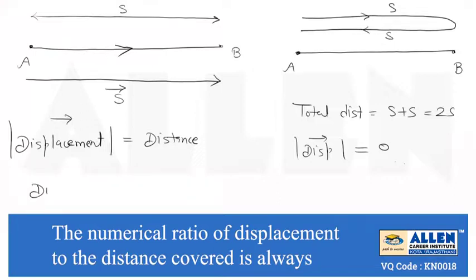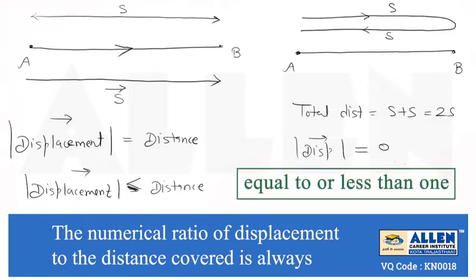So the final relation between magnitude of displacement and distance is, they can be equal, otherwise the value of distance is greater than displacement. So the correct representation is, the magnitude of displacement is always less than or equal to the value of distance.